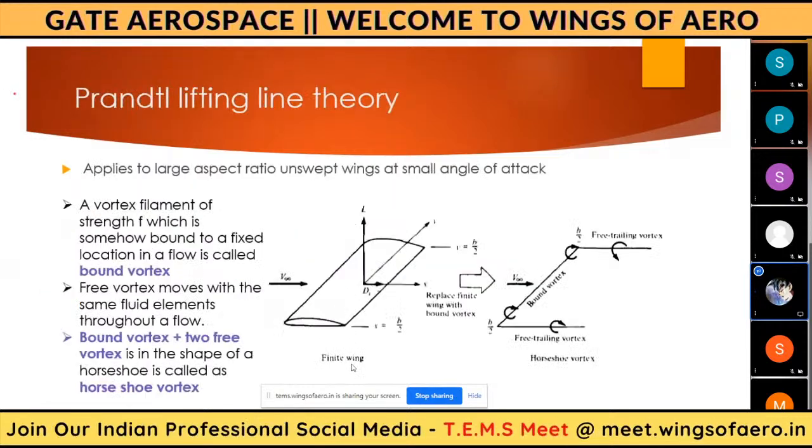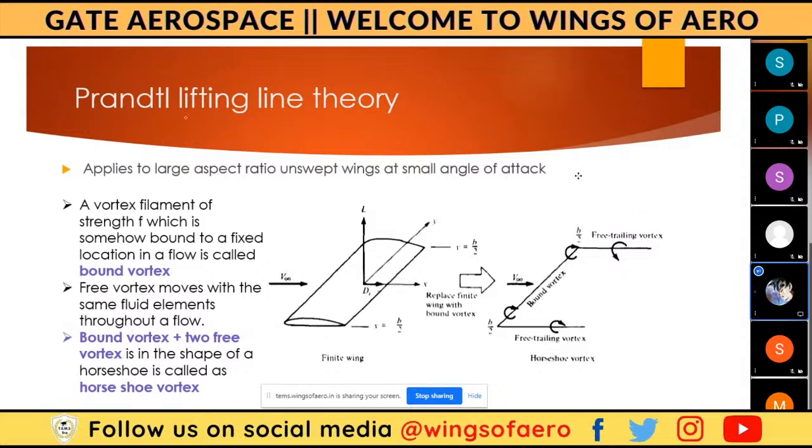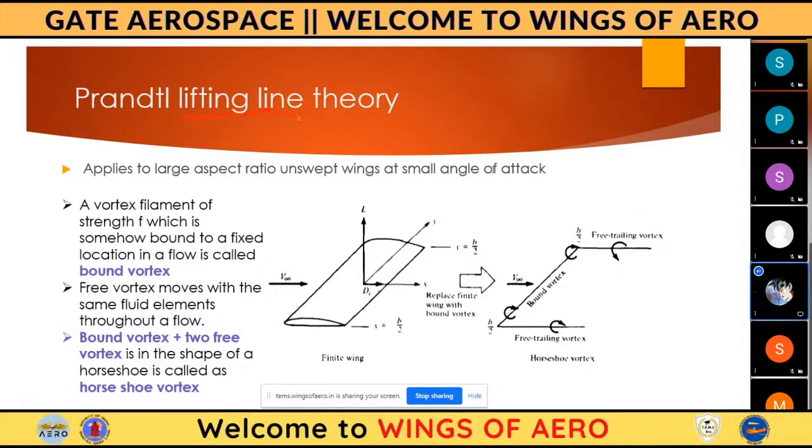The next thing is the Prandtl lifting line theory. Why we are using this Prandtl lifting line theory: from the name itself, it is clear that it is used for lifting. The lifting line is used for the lift distribution over the aerofoil. Here, we will be having a line.